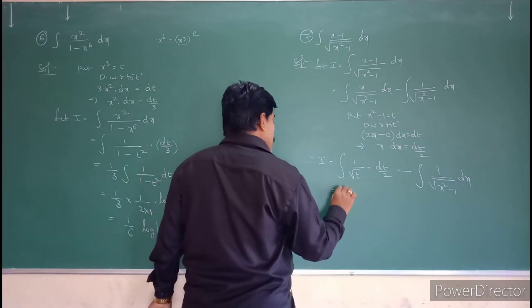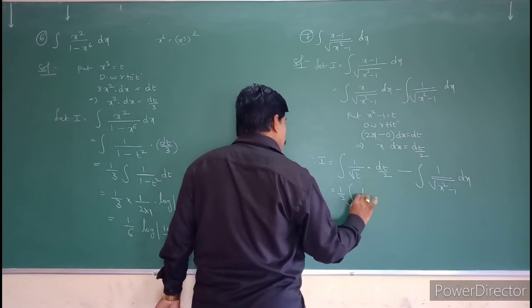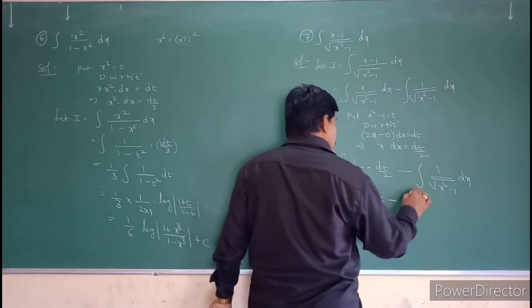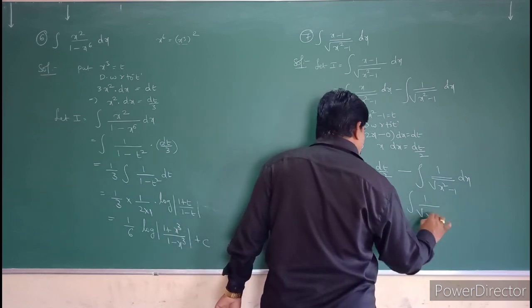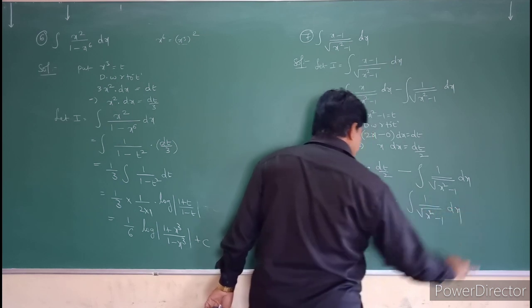So what happens? 1 by 2 into integral of 1 by root t into dt minus integral of 1 by root of x square minus 1 into dx.